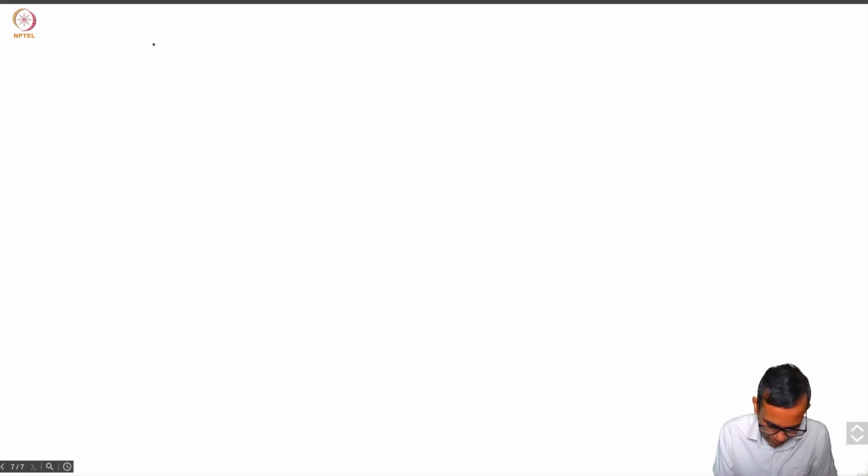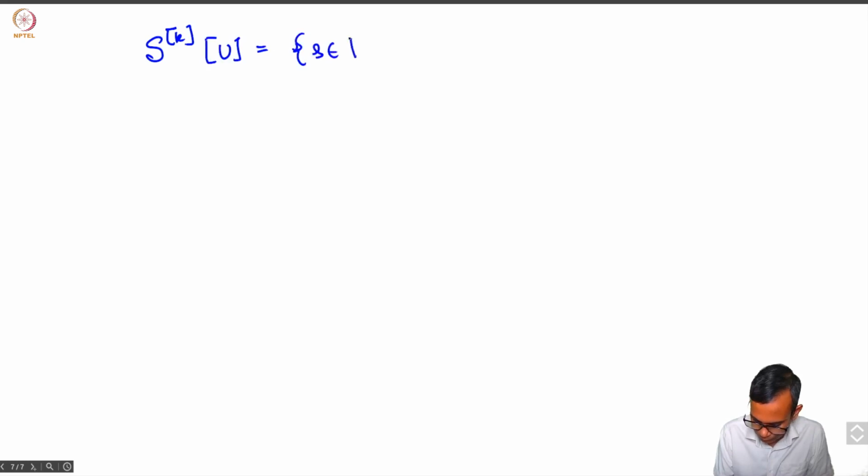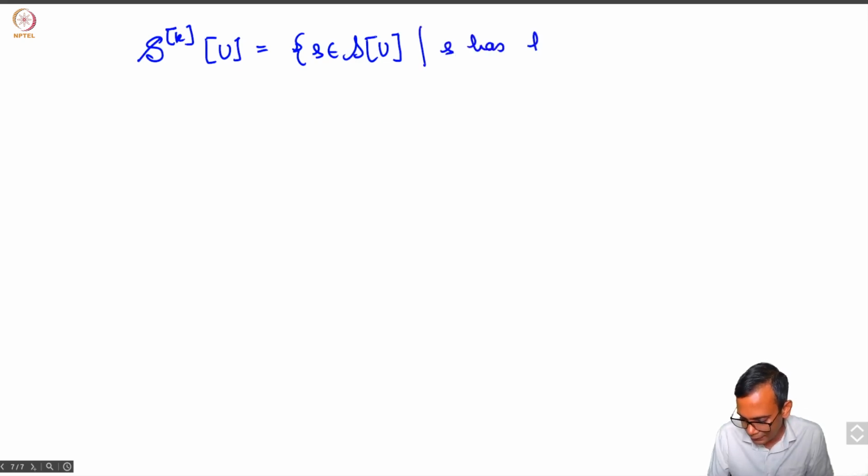So let S_k(U) be the set of all permutations s of U such that s has exactly k cycles.